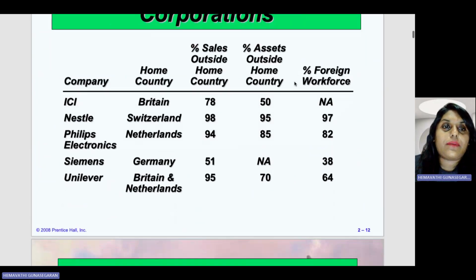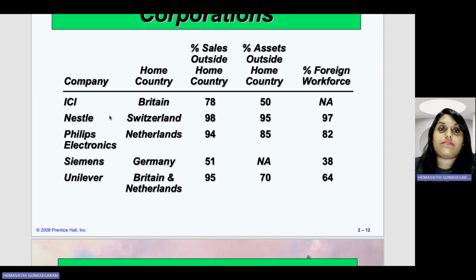We have multinational corporations like ICI, Nestle, Philips, Siemens, and Unilever. Their home countries are Britain, Switzerland, the Netherlands, Germany, Britain, and the Netherlands. For instance, Nestle is a well-known brand. Almost each and every one of us has used at least one product from Nestle.